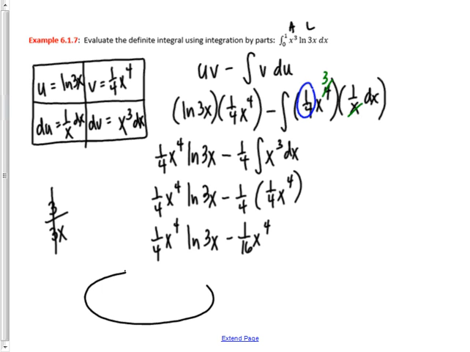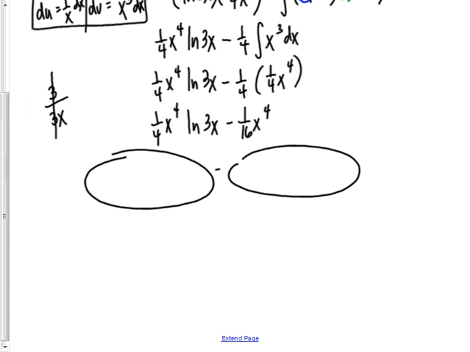Alright, so we know we got to plug in, and I'm going to run out of room. Okay, so I want to go from, what did it tell me my limits of integration were? 0 to 1. So it would be 1/4 times 1 to the 4th times the natural log of 3 times 1 minus 1/16 times 1 to the 4th.